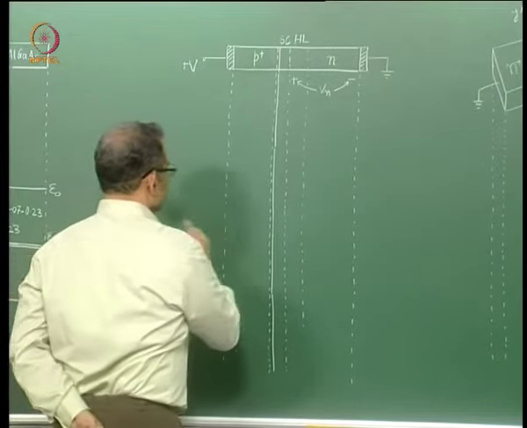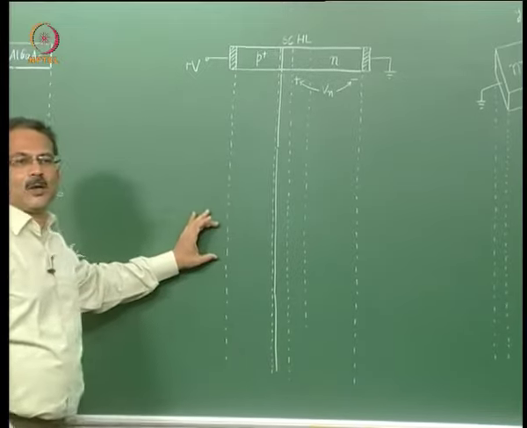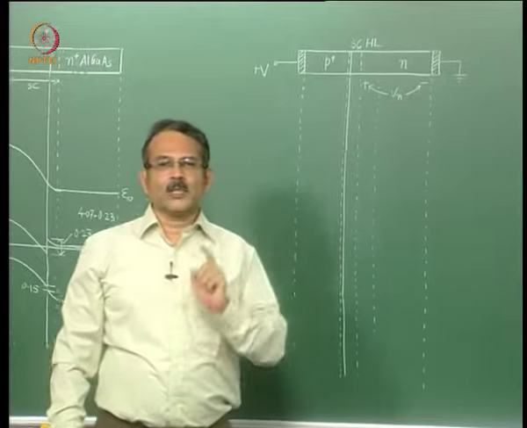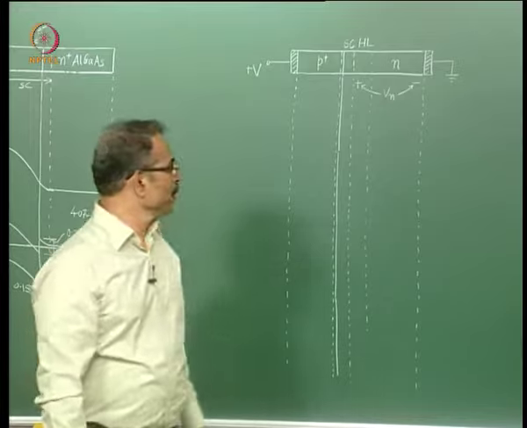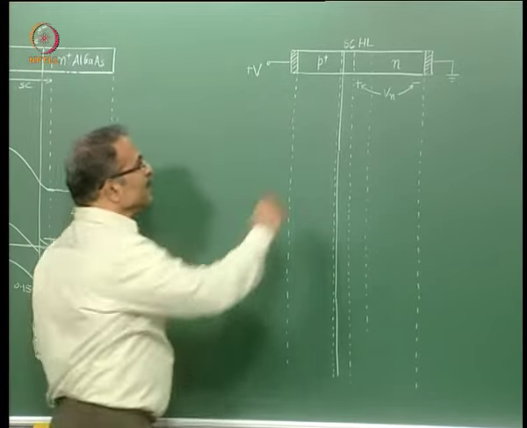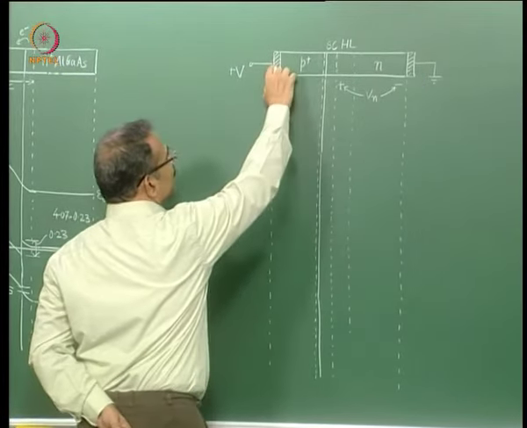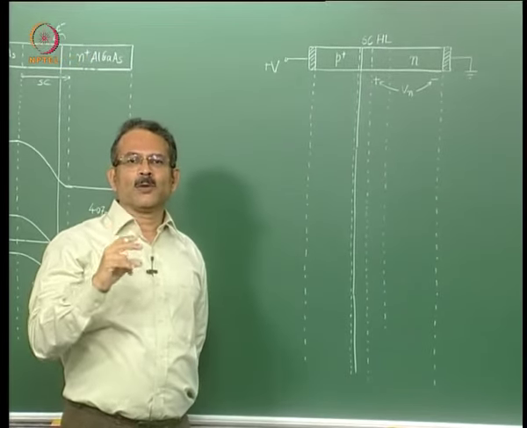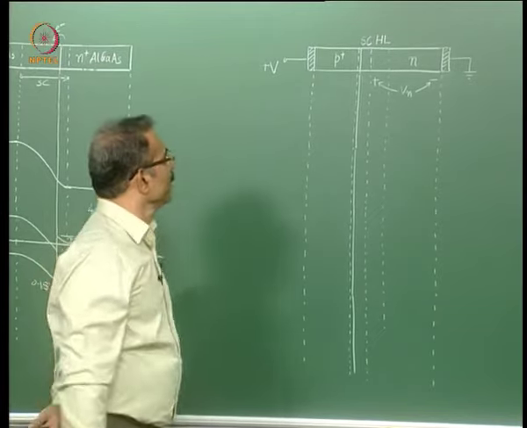So first we show the difference in quasi Fermi levels on the two sides. In the applied bias case, the quasi Fermi level for electrons and holes will not be the same. There will be a separation between the two, and we know from our previous lecture that if I take the Fermi level variation from one contact to the other contact, the total variation of the Fermi level would be equal to Q times the applied voltage for both EFN and EFP.